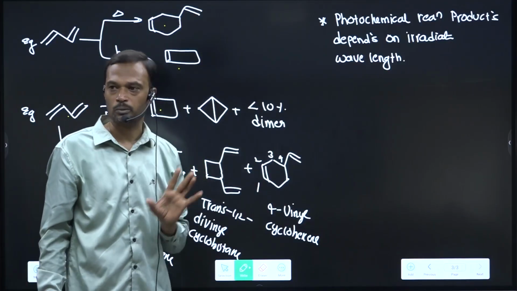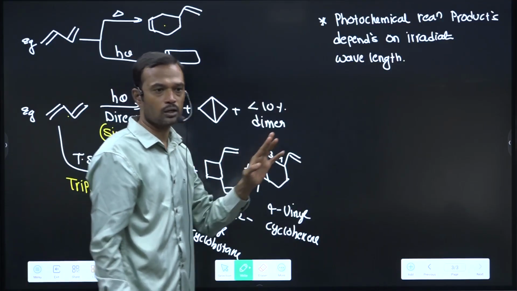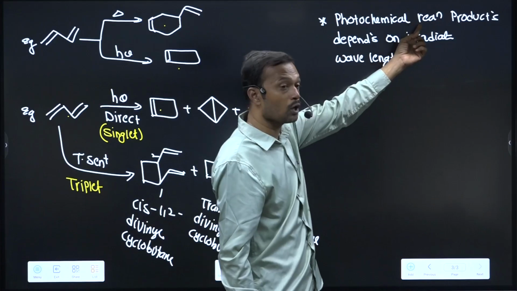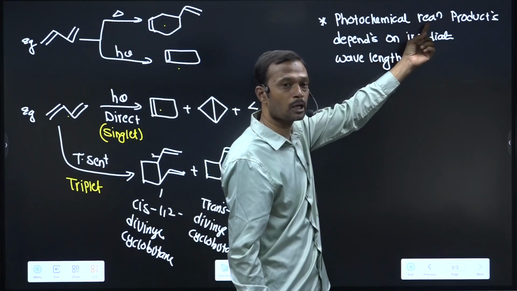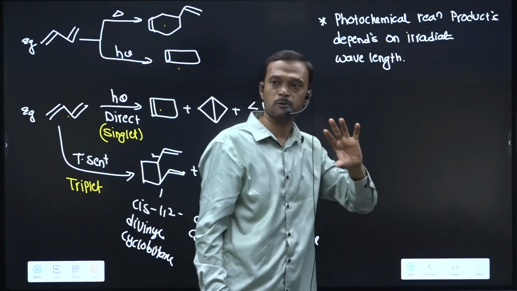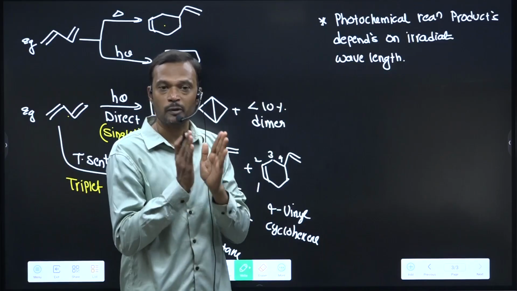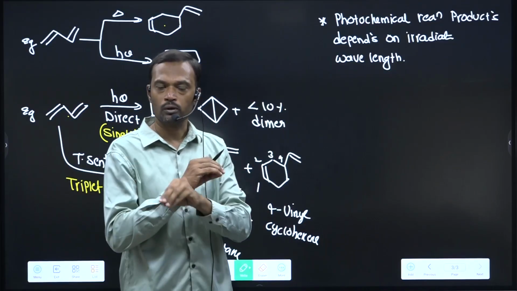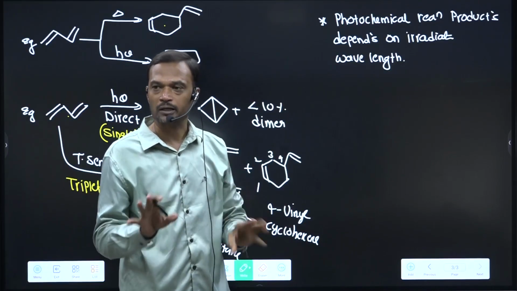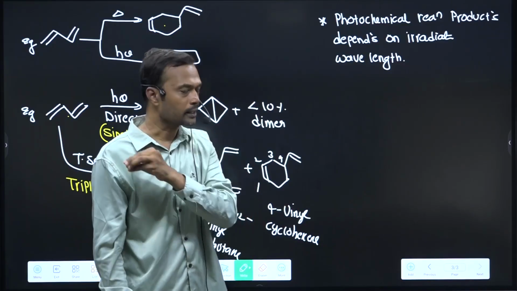That transition is not possible. Clear? So finally, if you want to get any photochemical product for any molecule, before doing the experiment, first we need to record the spectrum of that molecule. Without recording the spectrum, irradiating a wavelength is a waste of time. You will not get any product.